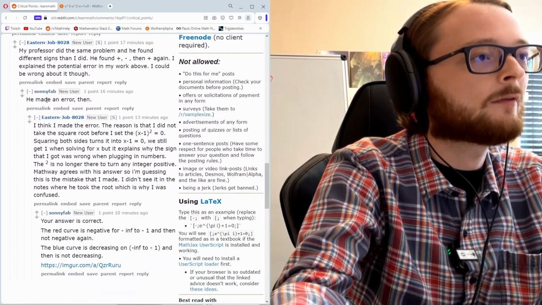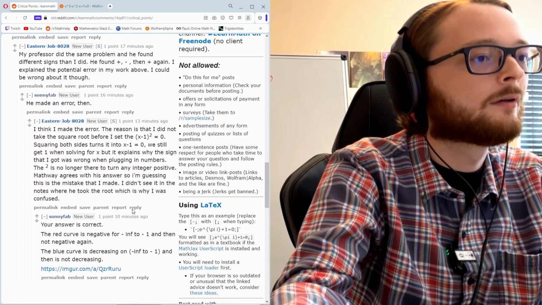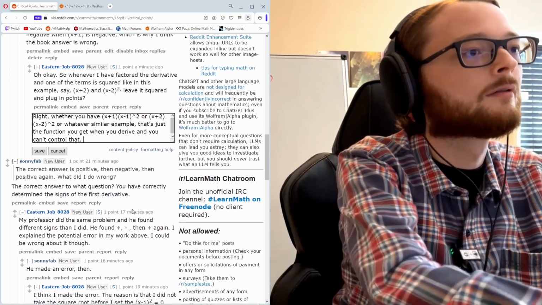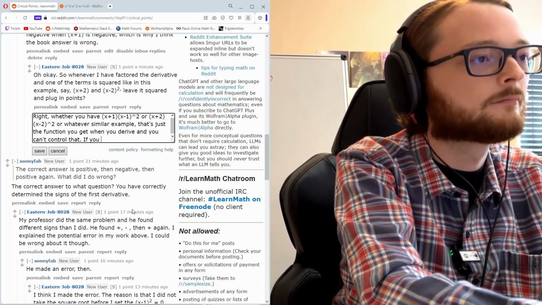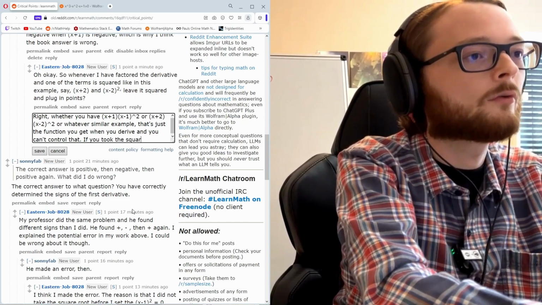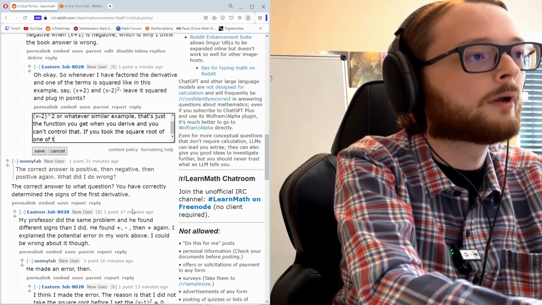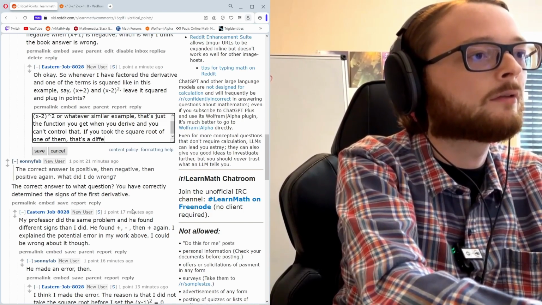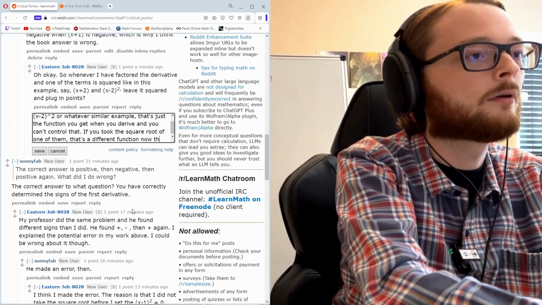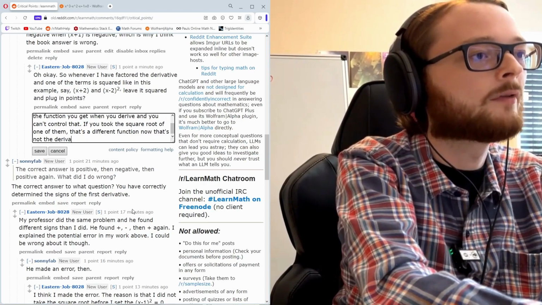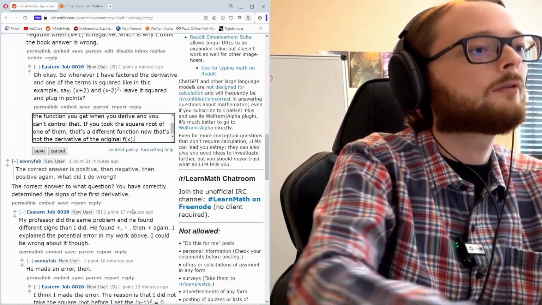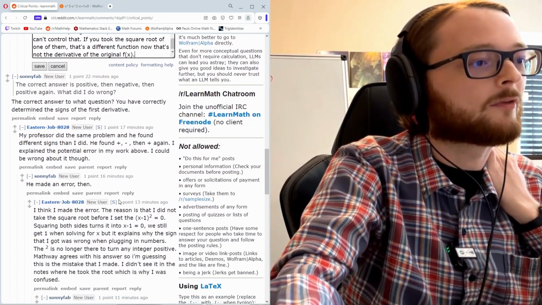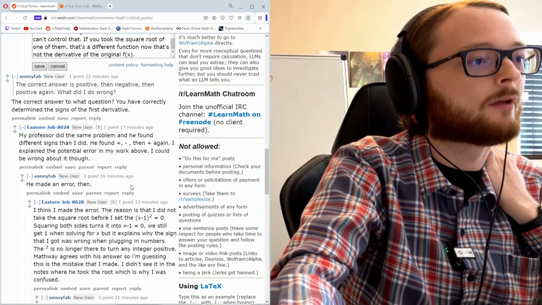Okay, so Sunnytab also agrees that it's an error. If you took the square root of one of them, that's a different function now. It's not the derivative of the original f of x. Yeah, the professor must have made a mistake, like Sunnytab said.